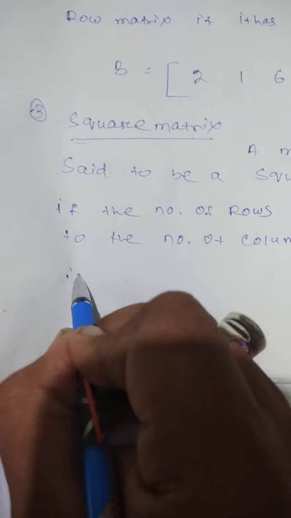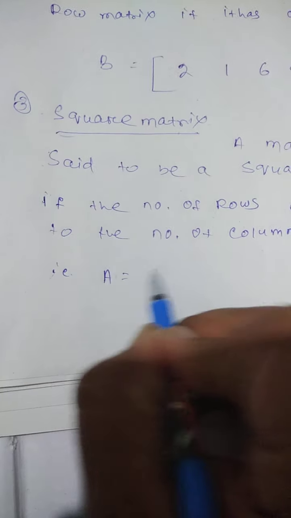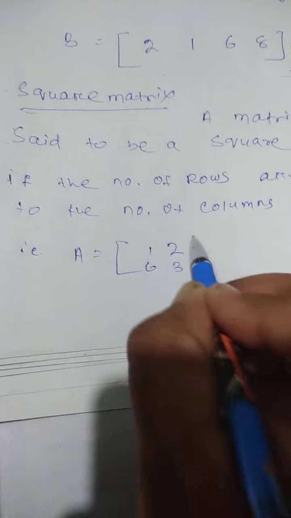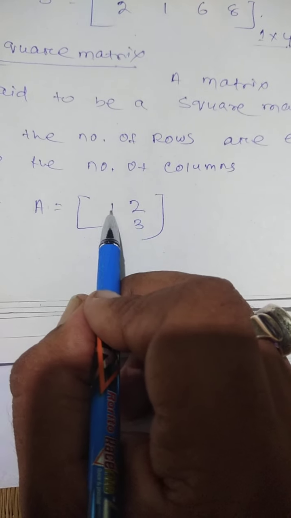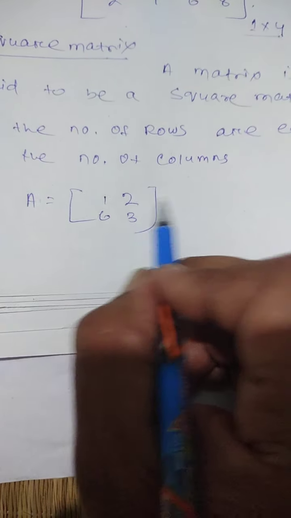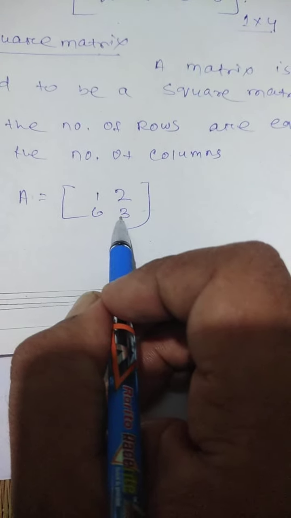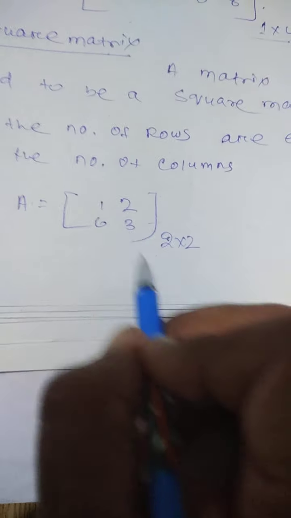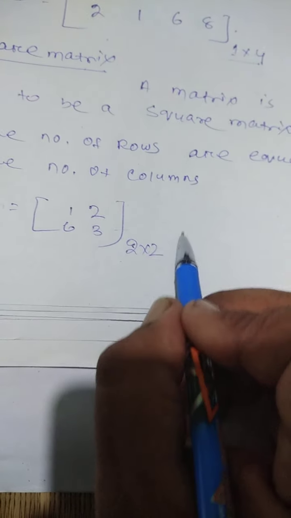Let us take an example: let M be a matrix of 1 2 6 3. Here the number of rows is 2 and the number of columns is also 2. So this is a 2 cross 2 matrix. So any matrix having the same number of rows and columns is known as a square matrix.